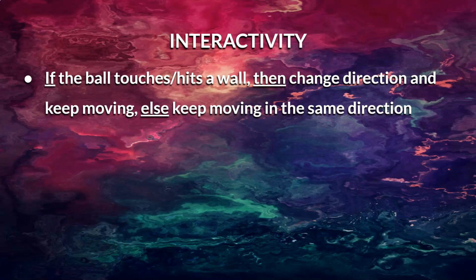Here we have some physical elements. Here's like the laws of motion that we talked about with Mr. Thompson, that an object in motion remains in motion unless acted upon by an outside force. So if a ball doesn't run into anything, it's just going to keep moving forward, whatever direction it's going.